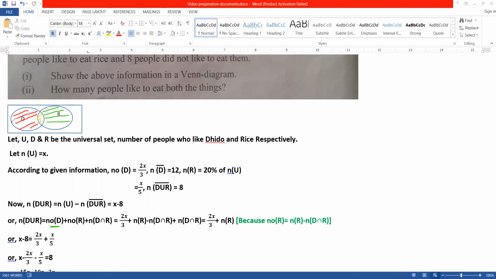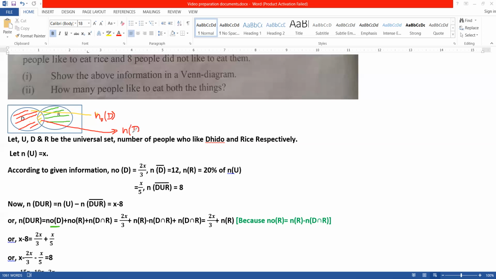So you can say, here, this is only D. So let me write with red color. So this is only D. That shaded part is only D. And this middle part is n(D intersection R).